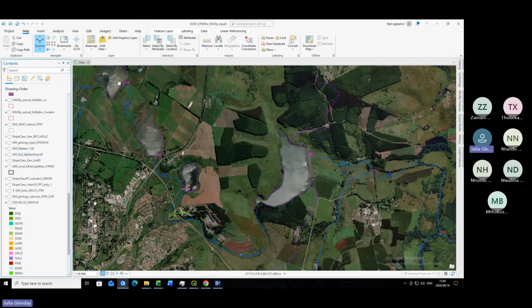And then these two seem like they're part of the farms. I just call them Mackenzie Upper and Lower. Okay, great.